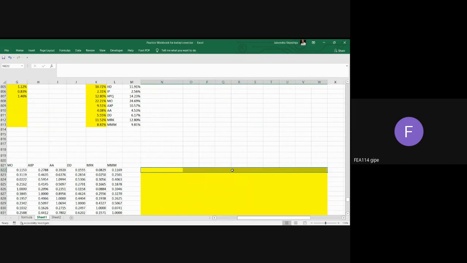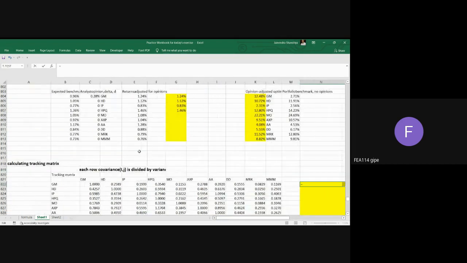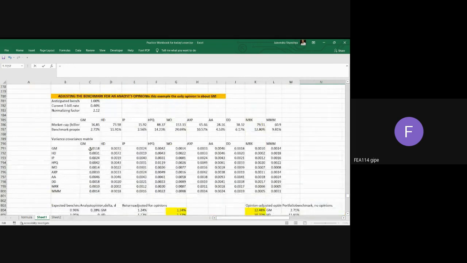1 into 2. So the first 10 I selected. And I write here equals this entire one divided by the variance of General Motors.